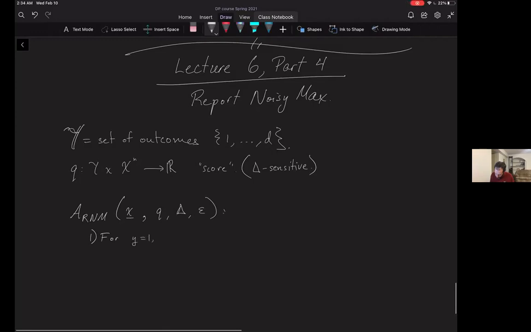For each possible outcome y, we're going to compute a noisy score, which I'll call q tilde of y, which is its score plus some noise, plus z_y, where the z_y's are IID and come from an exponential distribution.